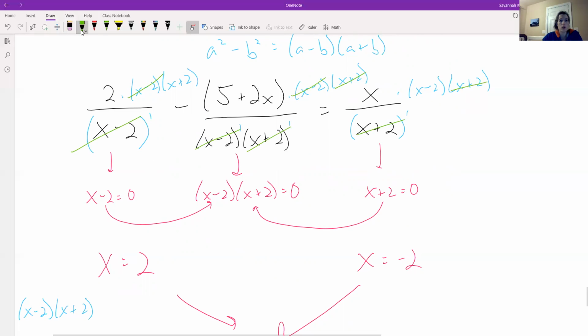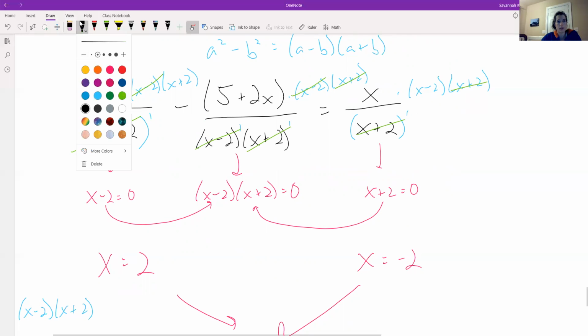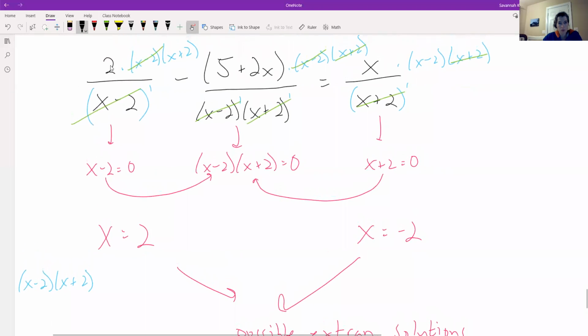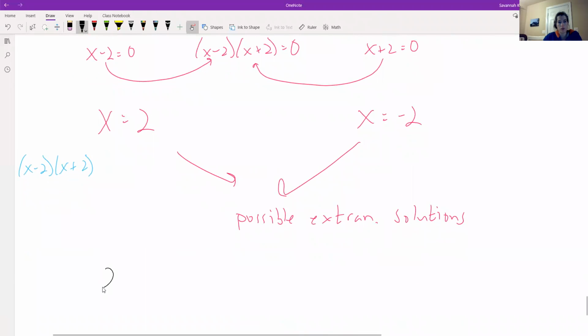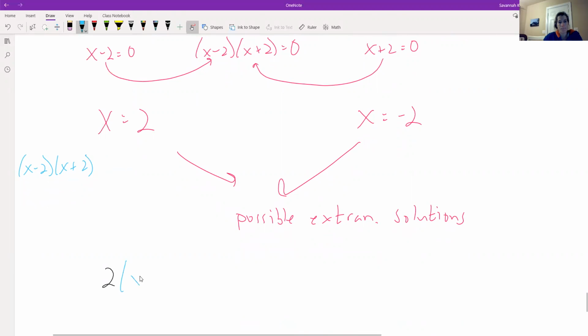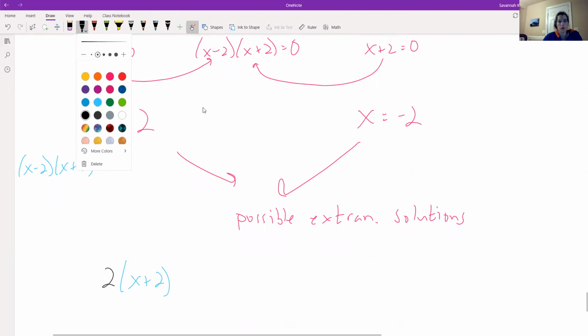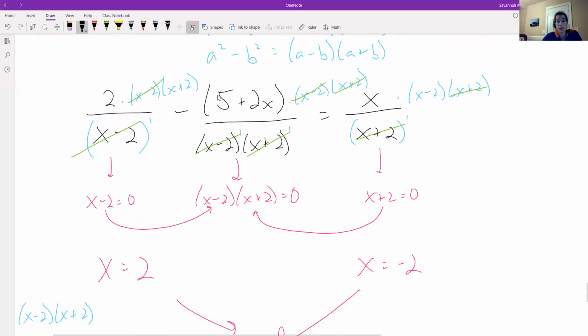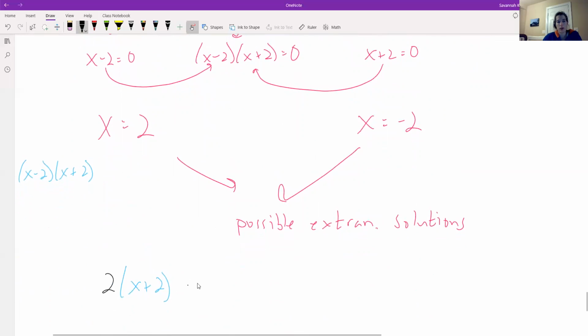Okay, so now let's see here. I've got 2 times x plus 2. Okay, so far so good. That was left. I've got minus, and then in parentheses, 5 plus 2x.